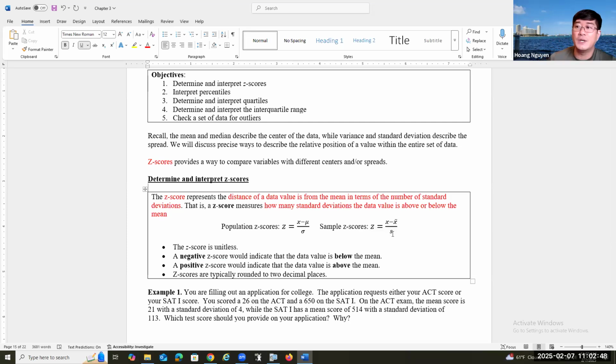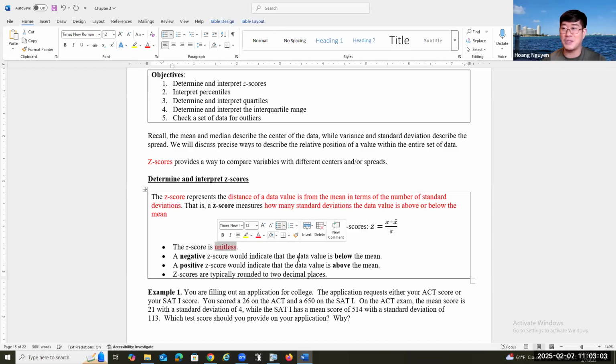It shows you how many standard deviations a data value is above or below the mean. When you calculate the z-score, it doesn't have a unit. The z-score is unitless; it only shows you the number of standard deviations the data value is above or below the mean.